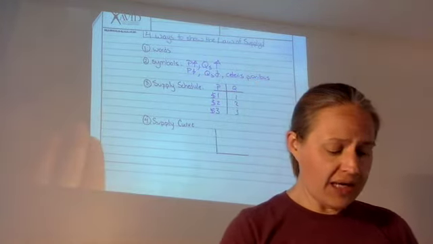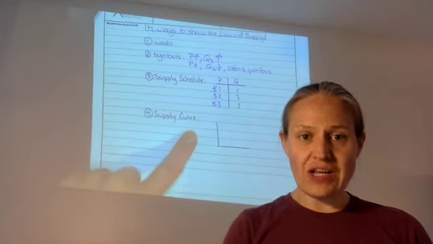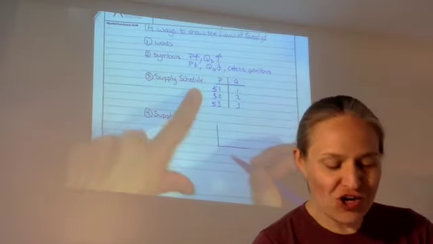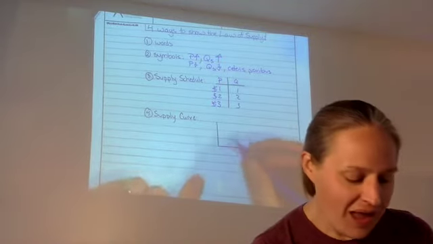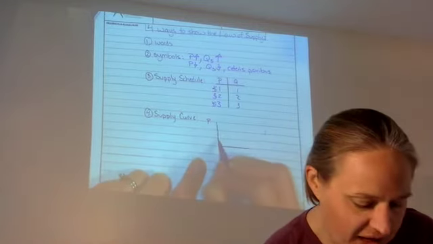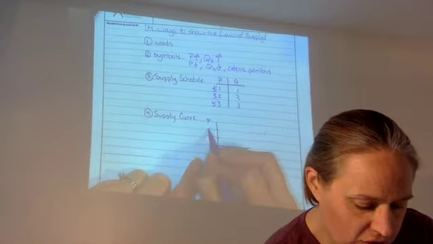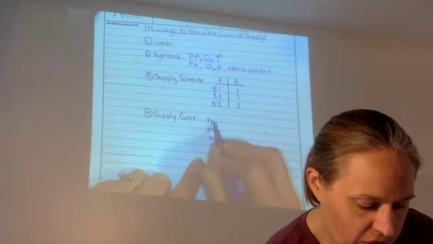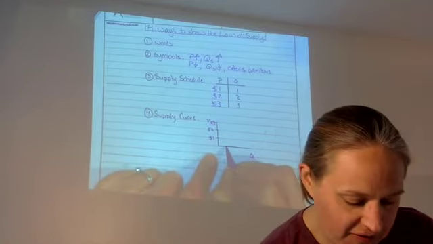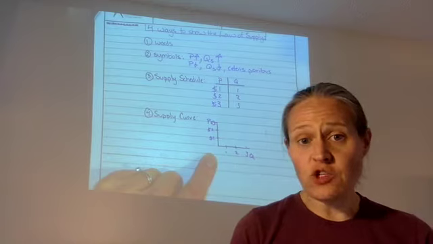All right, and then here we can take this schedule and turn it into a curve, or turn the chart into a graph, if you will. And let's see, price goes on the y-axis, so that is $1, $2, $3, and quantity goes on the x-axis, so that is 1, 2, 3, and then we just plot our points, which we know how to do.